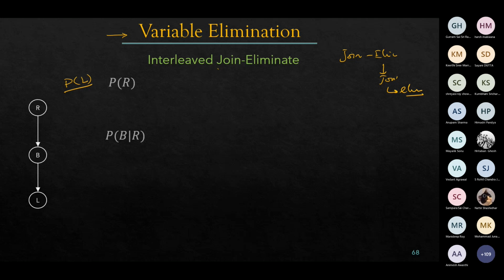So the first thing that we'll be doing, we'll be taking this CPT and this CPT. And this CPT is PR, this CPT is PBR, right? So first we'll be performing a join operation. If we perform join operation on R, we'll be getting PRB. Then we'll be performing a sum out operation on R. If we perform sum out operation on R, we get PB, right?